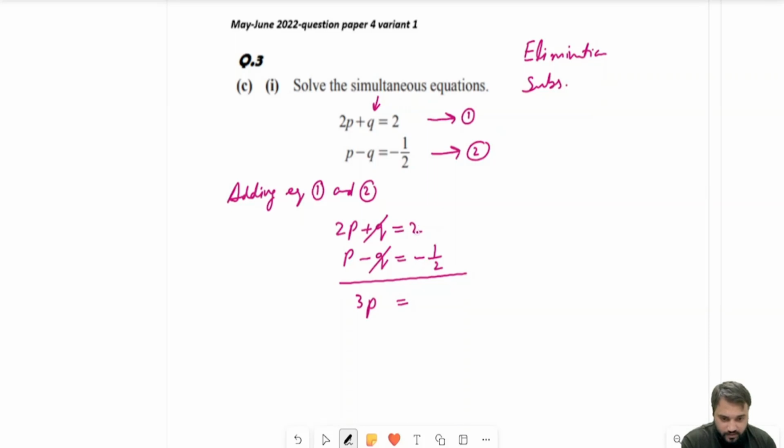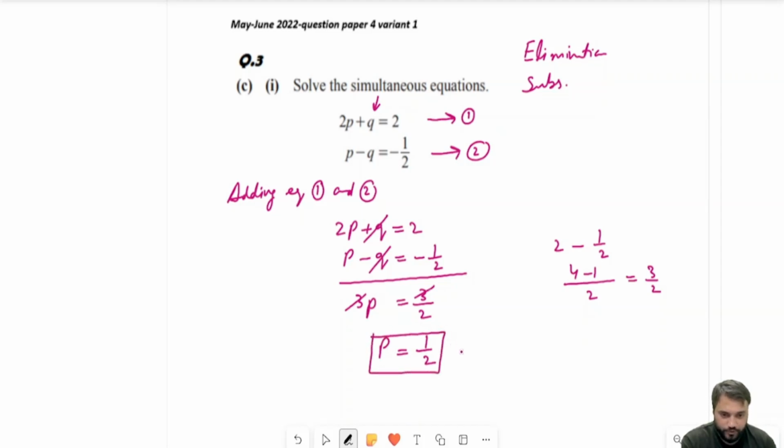And what is the answer of this? 2 minus 1 over 2, you can use calculator or go for the LCM. It will be 4 minus 1. The answer will be 3 over 2. We can cancel this 3 to this 3. The rest is our answer, that is p is equal to 1 over 2.